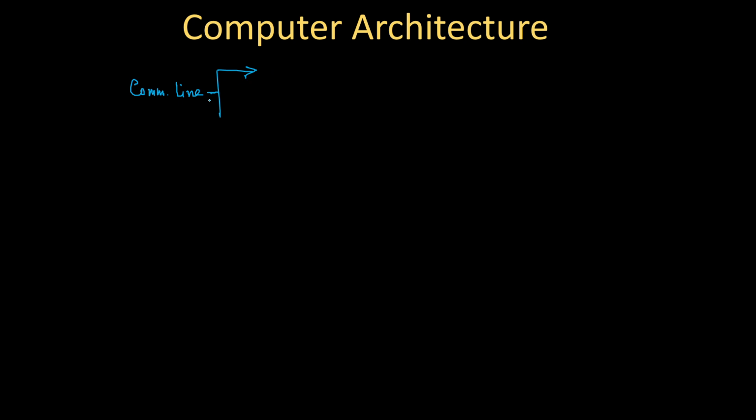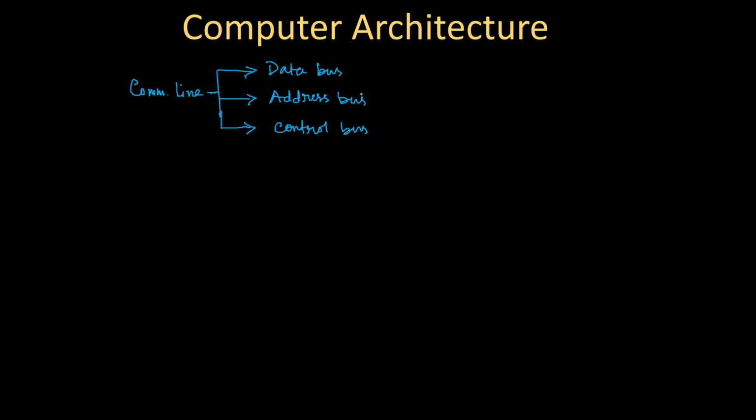One is called data bus, one is called address bus, and one is called control bus. A bus is nothing but a group of lines, a group of communication lines.